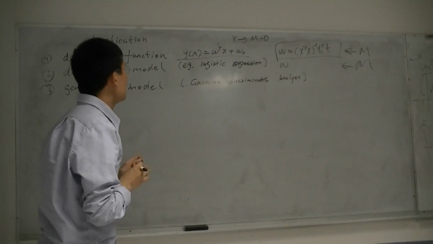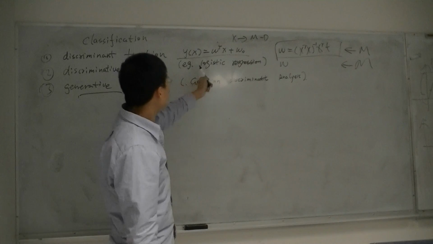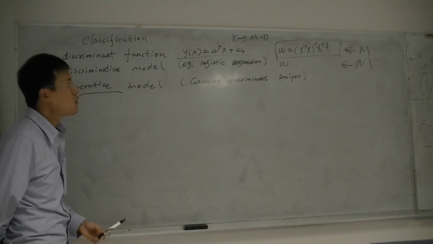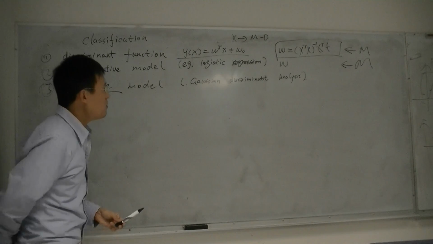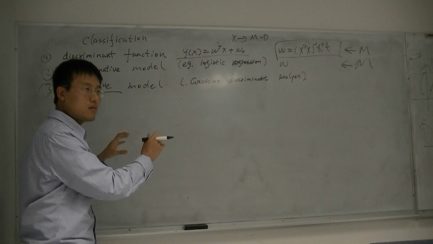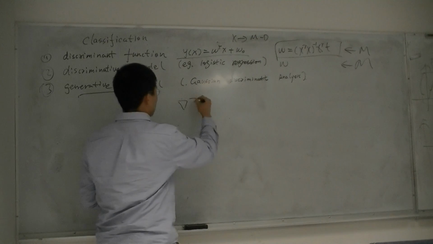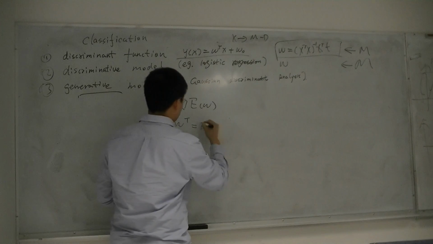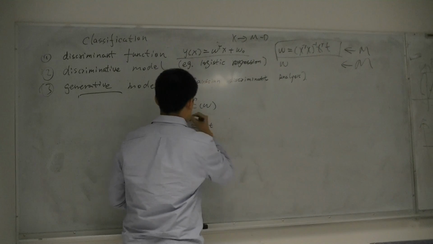I need to mention that in this case we don't have a closed form solution, so we need to calculate the derivative of omega, and then use some iterative method.